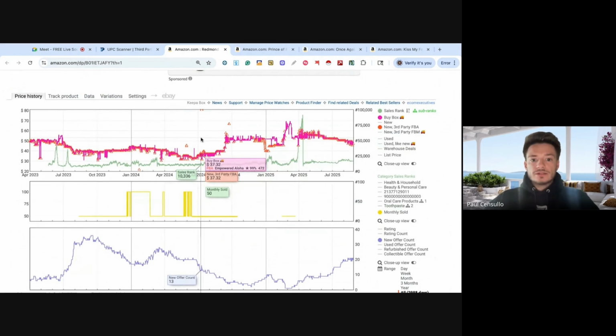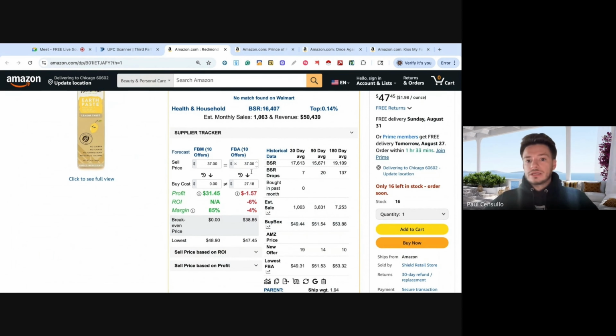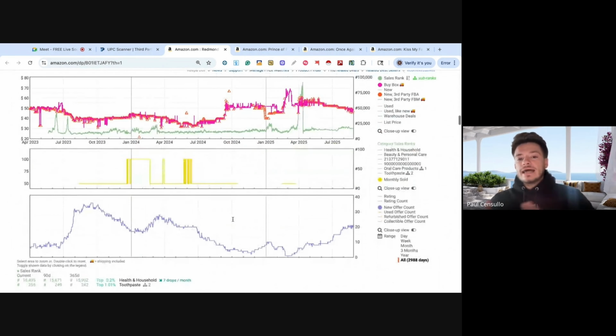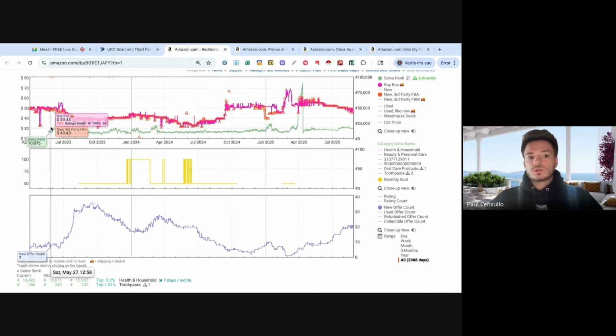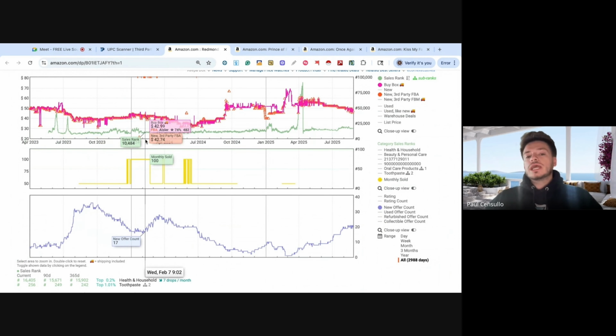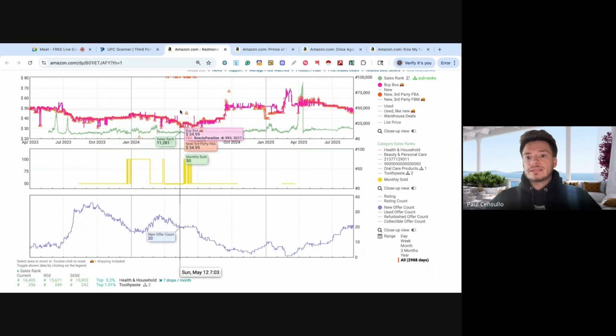It goes lower down to 37. Now we're losing money, right? So I'm not saying that's what you should look at and say, okay, now I don't want to buy the product. But the point is that you've got to take that into consideration. If we just looked at historical data, there'd be a pretty good chance that we would notice that this price is going to go back down from this ASIN.